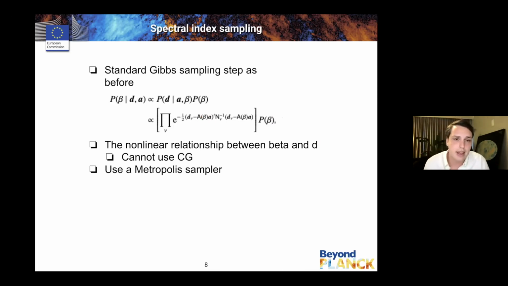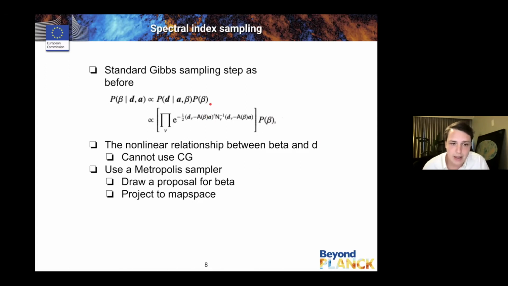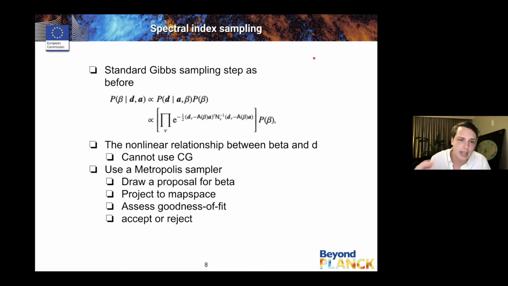And this takes a bit longer, but as you probably know, a Metropolis sampler works like drawing a proposal for beta, a change in the spectral index, projecting that to map space in our case, and assessing the goodness of fit before accepting or rejecting that change. And we do this several times within one Gibbs iteration.